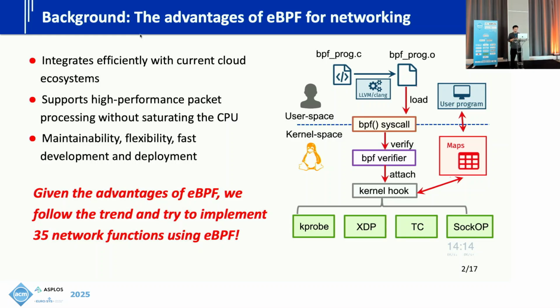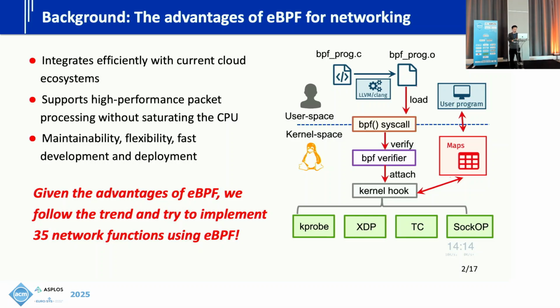Secondly, eBPF supports high-performance packet processing without saturating the CPU and enhances CPU efficiency. And finally, the safety and no intrusion into the kernel of eBPF enhance maintainability and flexibility, and also enable fast development and deployment of network functions.